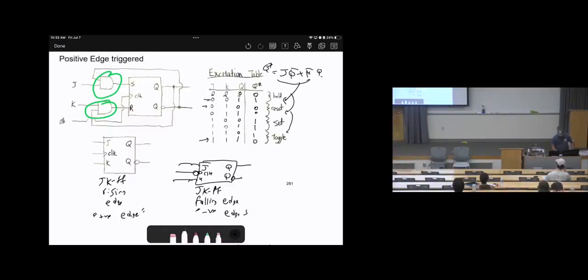If 1, 1, 1, will I get 0? It will be 1 times Q bar, which is 1 bar, plus 1 bar times 1. This makes it 1 times 0 plus 0 times 1, then 0 plus 0, which is 0. That's what we get, 0 here. Then you can apply the same for the rest. That's how we find the excitation table.